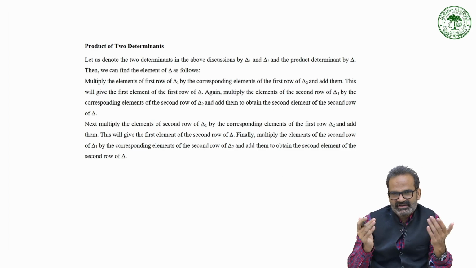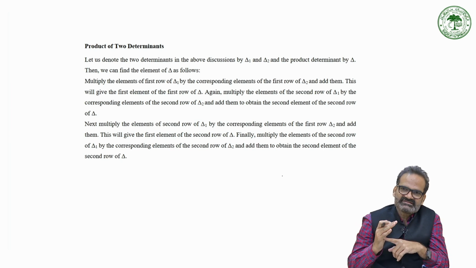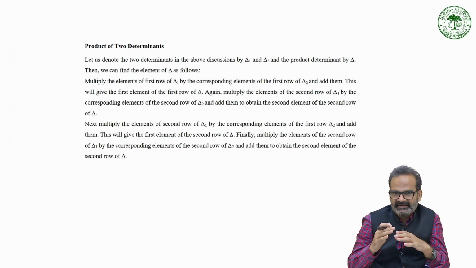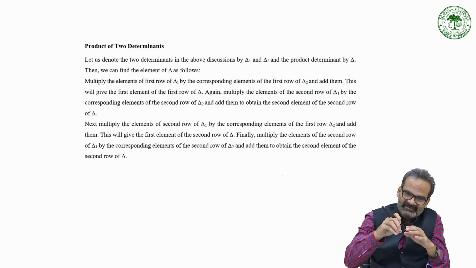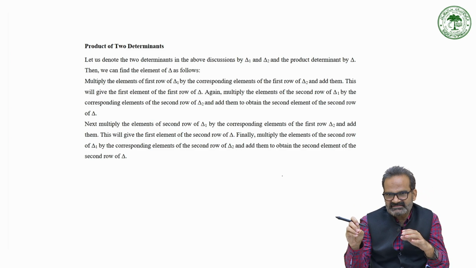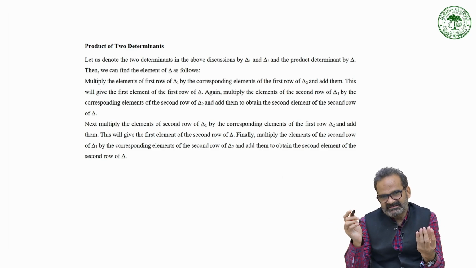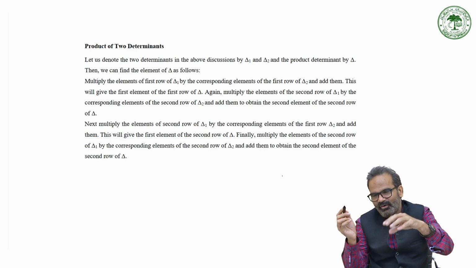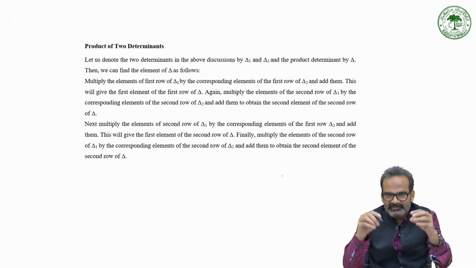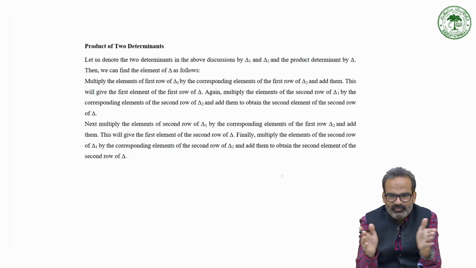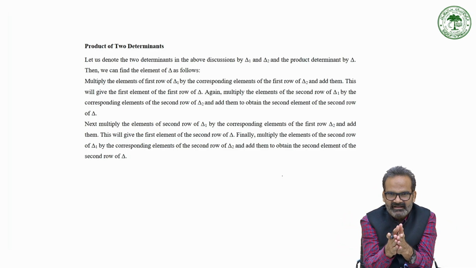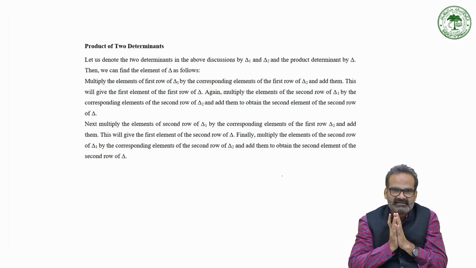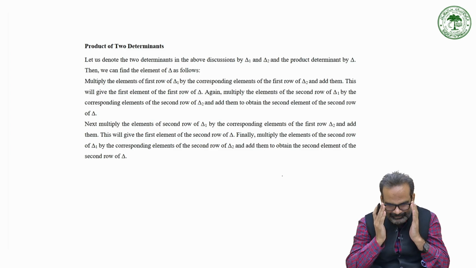If you wish, you can use the method of Sarrus diagram. Third, we have also studied in properties that the value of a determinant can be determined by multiplying the elements of any row or any column with their corresponding cofactors and summing them up.